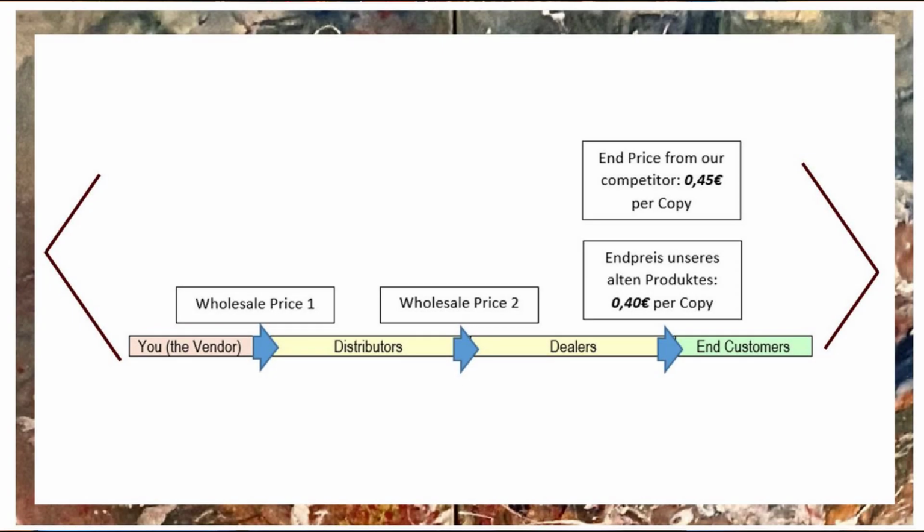In this example, we offer a copier. There are various accessories and consumables for this device. For our customer, the most important is how much one copy costs within a 3 years period. We have two intermediaries in the sales process. Our competitor offers a product with which it costs 0.45 euro to make a copy.